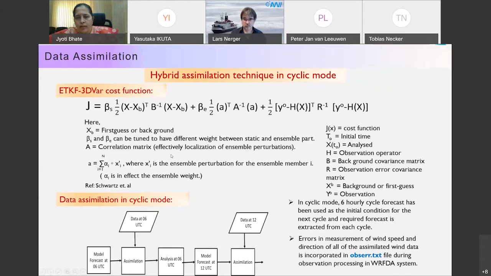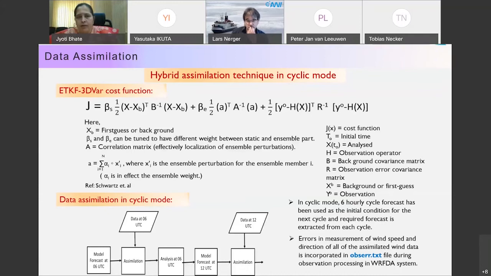At each 6 hours, we are taking the boundary conditions from GFS, and each model forecast is for 6 hours. We discard the spin-up time, and for the next 7th hour, we assimilate the scatterometer data.